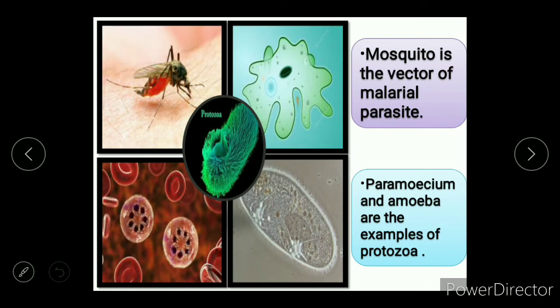They suck the blood for making eggs, and they make the person infected. This makes mosquitoes the deadliest animal in this world, and many people get affected and many people die due to mosquitoes.